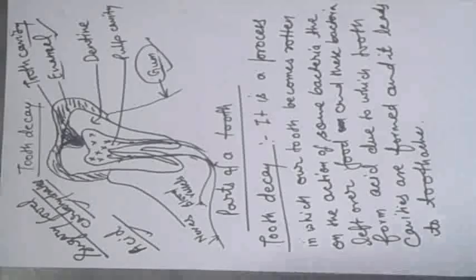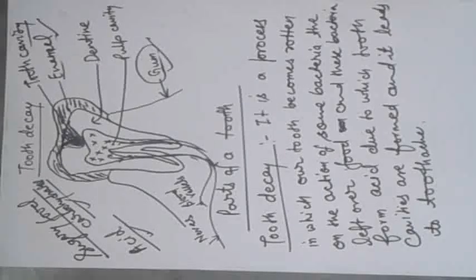Tooth decay is a process in which our tooth becomes rotten by the action of some bacteria on the food left over on our teeth, and these bacteria form acid due to which tooth cavities are formed and it leads to toothache, means pain in our tooth.